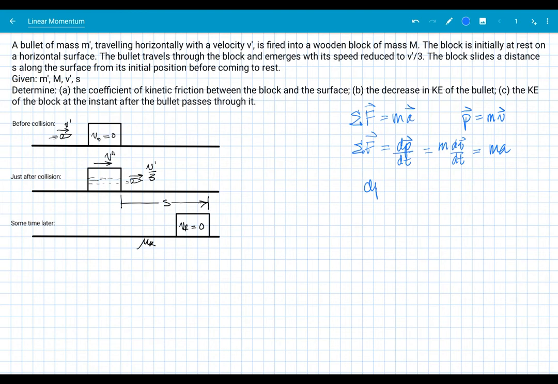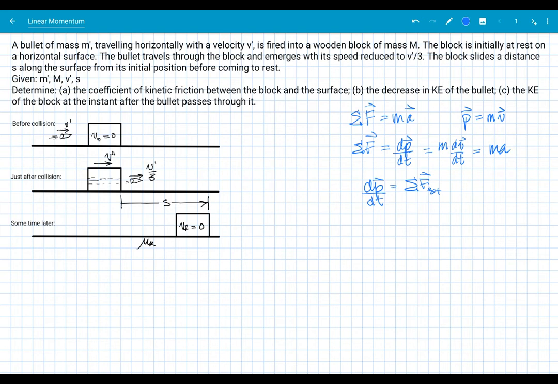If we know that any change in momentum is going to be equal to the sum of external forces, then if we run this backwards, it tells us that if the sum of external forces is zero, my change in momentum is zero. So when people say, "Oh, conservation of momentum, momentum's always conserved," no, it's not always conserved.